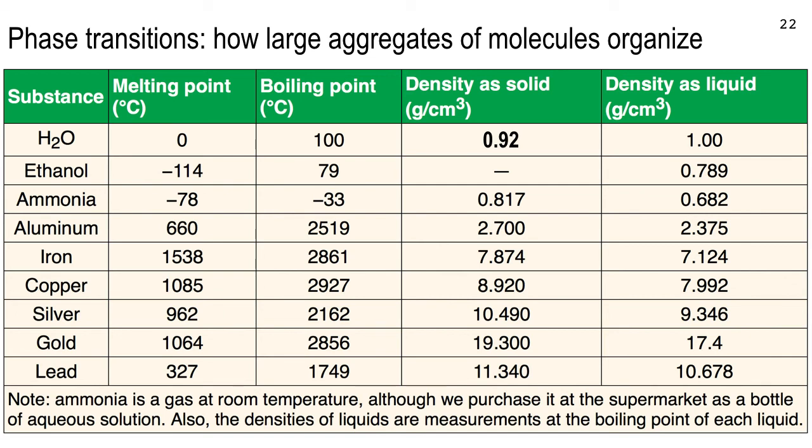Celsius. Now look at this, boiling point. Whoa, 2861 Celsius. And look at this, gold, 2850. So gold is pretty hard to vaporize. This is the boiling point. So you melt the gold at 1064 Celsius. Okay, that's pretty hot.